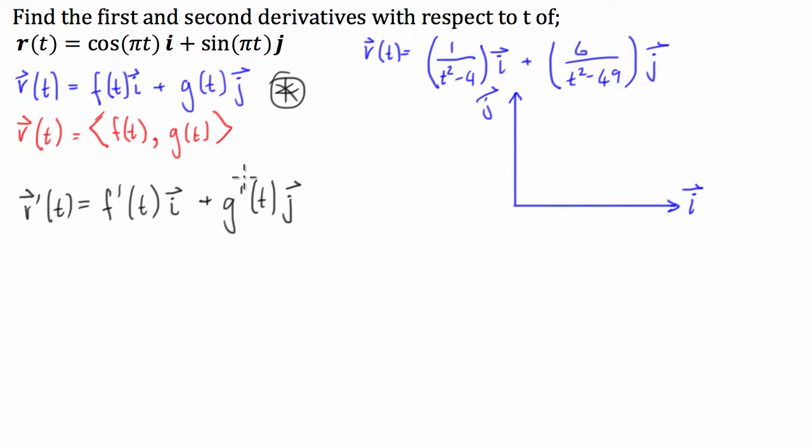There's no black magic. We just find the derivative of the component of the vector i, and the derivative of the component of the vector j, with respect to t in this case.